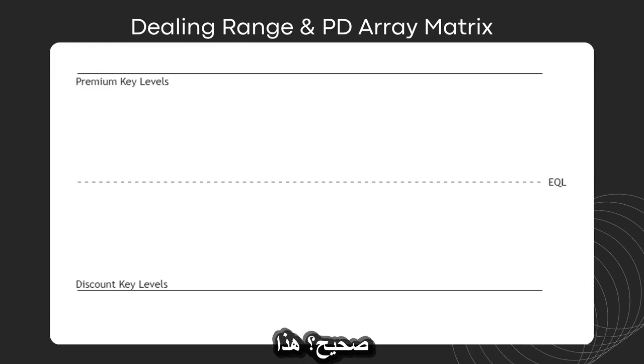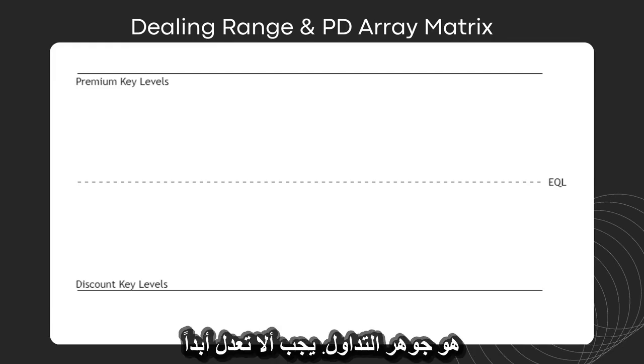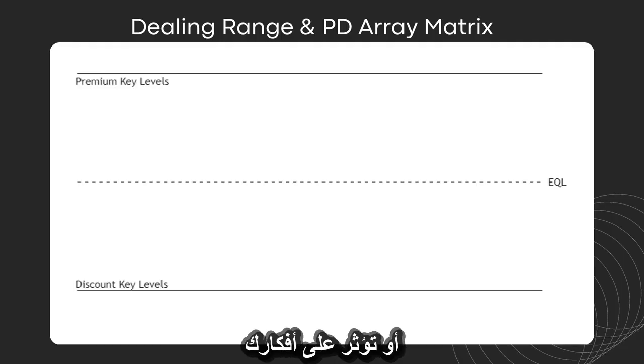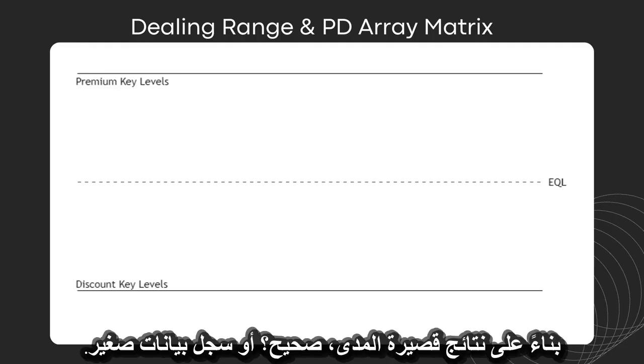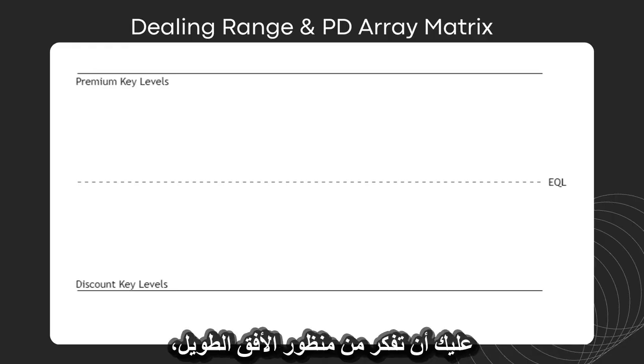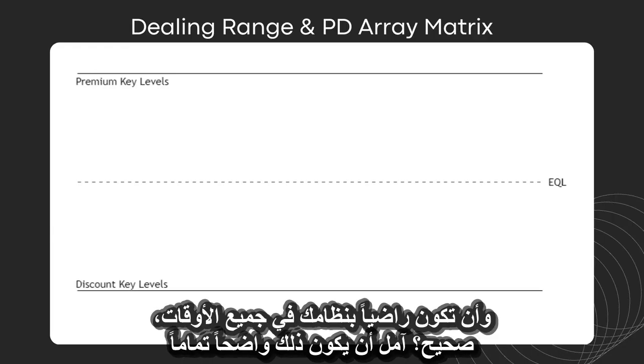That's what trading is all about. You should never adjust or change your system or influence your thoughts based on short-term results, or a small track record of data. You have to think in terms of the long horizon and be content with your system at all times. Hope that is crystal clear to you.